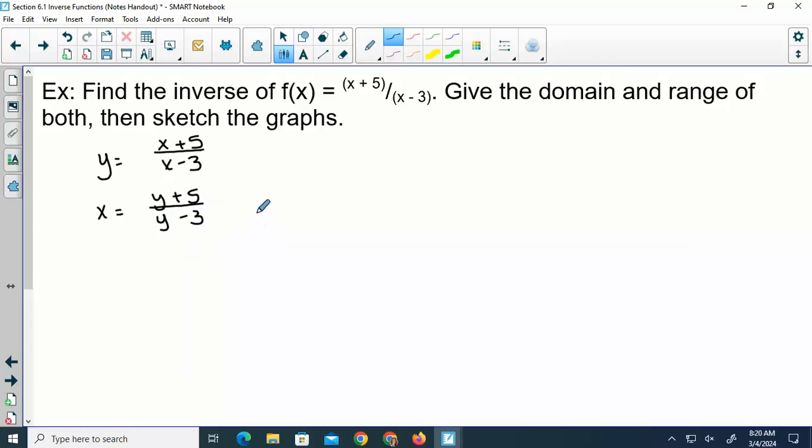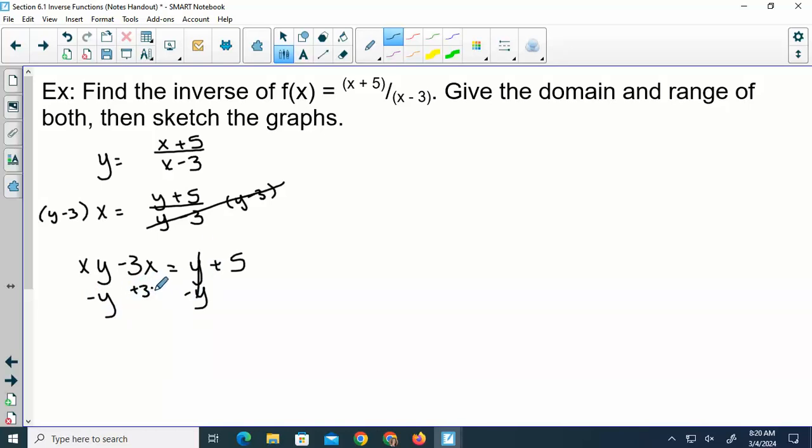So now, what do we do? So if I need my y's on one side, we can subtract over this y. Anything without a y needs to go to the other.